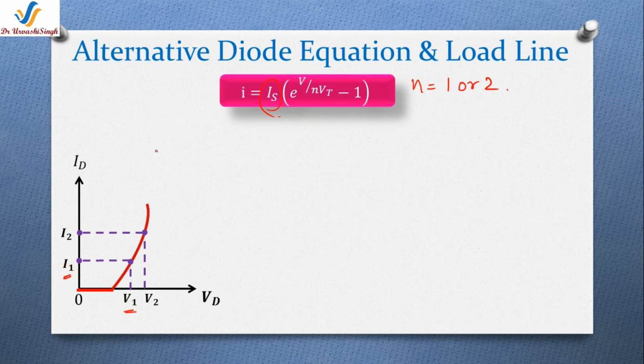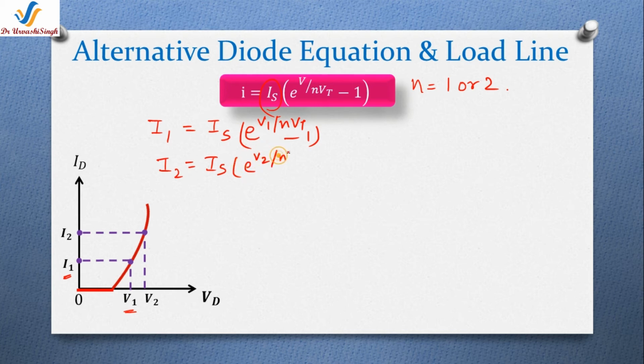So writing for I1 the diode current: I1 is the reverse saturation current times exponential of V1 upon N Vt minus 1. And similarly for the second diode current, in the same way we will write the diode equation.